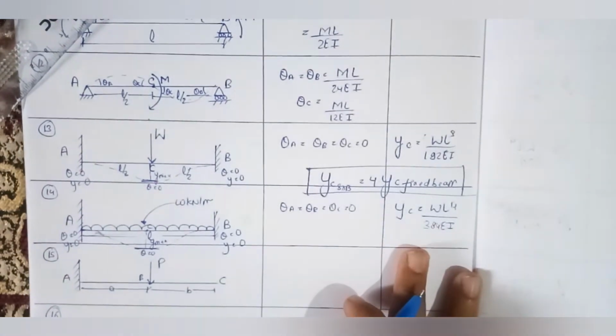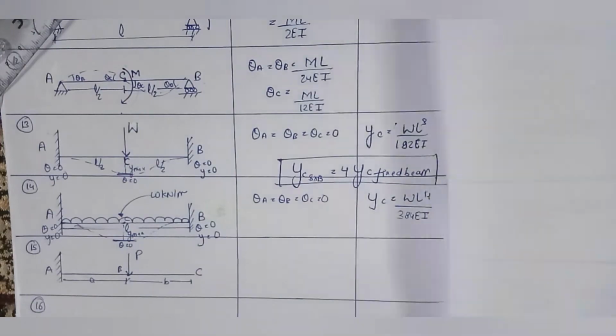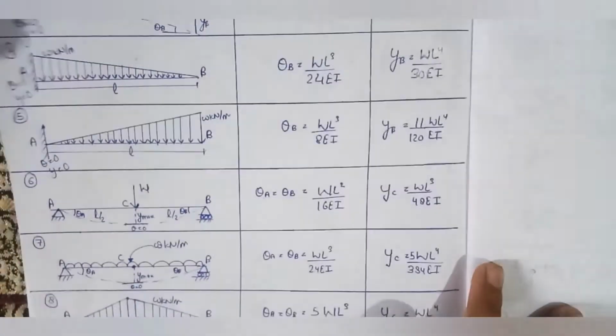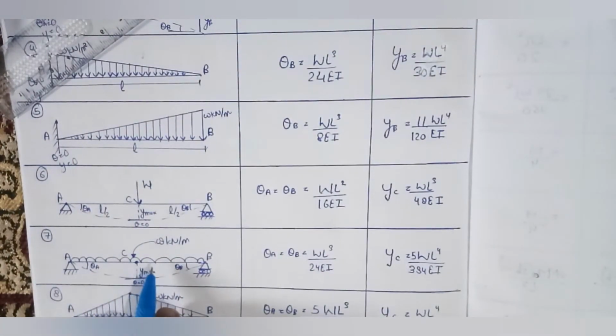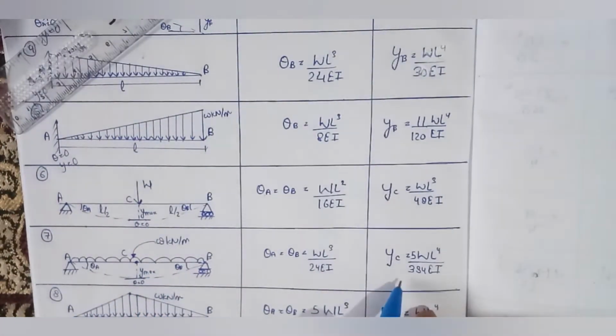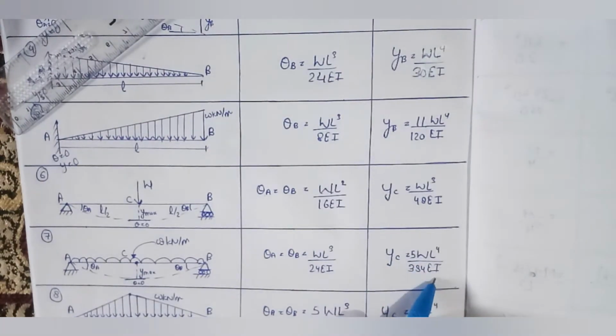Okay, so we will compare this value of deflection with a similar kind of loading for the simply supported beam. See here, this is the case of a simply supported beam subjected to the UDL over the entire span. In that case, the value of deflection will be equal to 5 WL to the power 4 upon 384 EI.